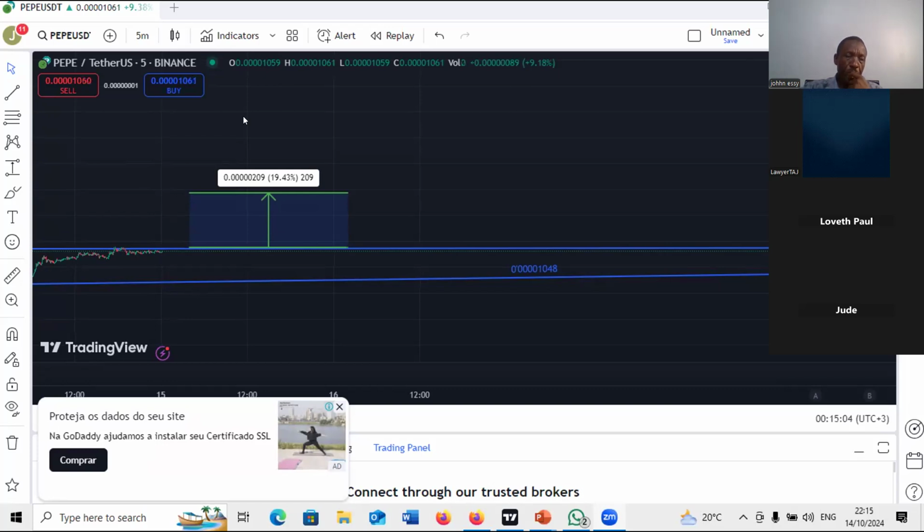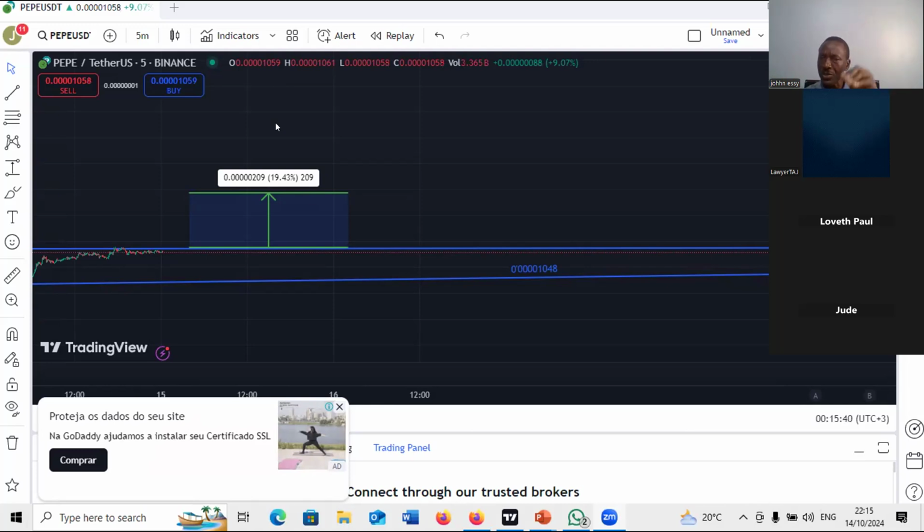What you have to know, Ugo, is that when you use a higher time frame, you will always get a higher percentage. So when you use 1 hour, whether you are using a trend line or anything else, it will give you a higher value. But when you use a lower time frame, you will get a smaller percentage, because you're using 5 minutes out of 60 minutes.